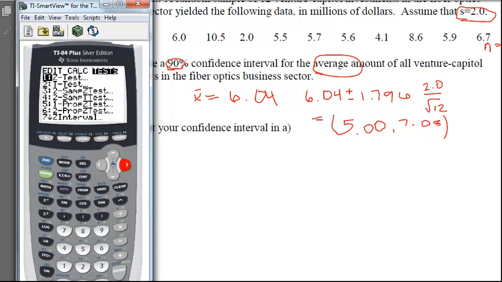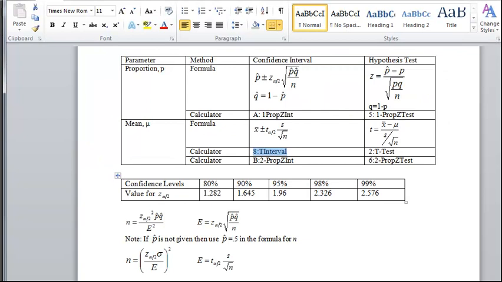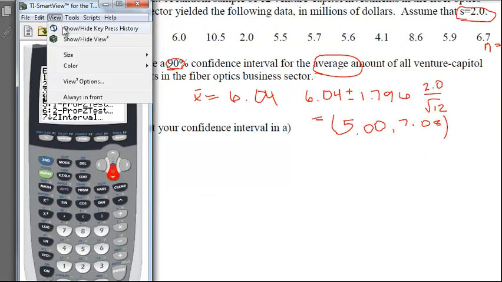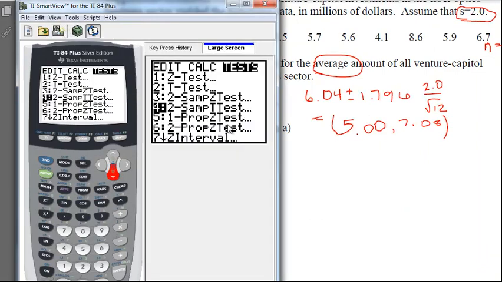The formula sheet says number 8, t interval. So I go down to number 8. Let me show that so you might be able to see it a little better. So, t interval.